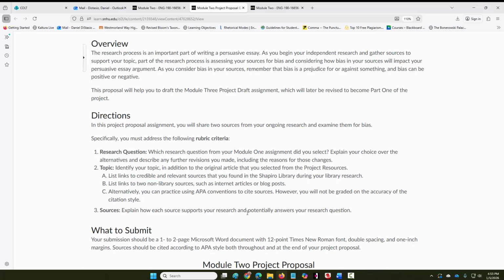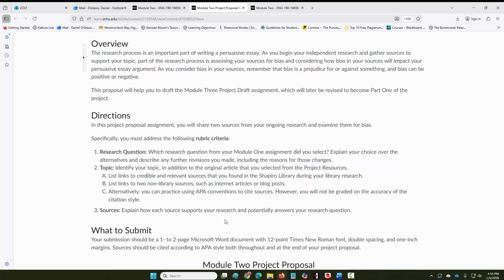Alternately, you can practice your APA. I strongly recommend that you do so. And then explain how each source supports your research and potentially answers the research question. So note, organization of these assignments, particularly here, it is important to communicate clearly.